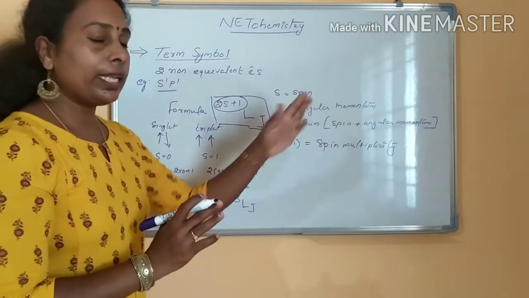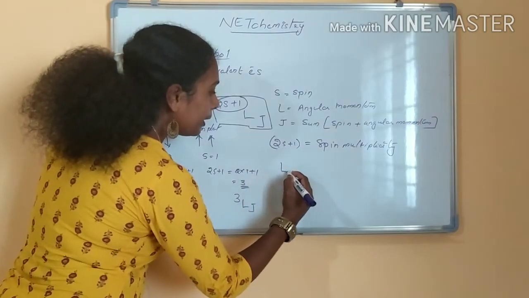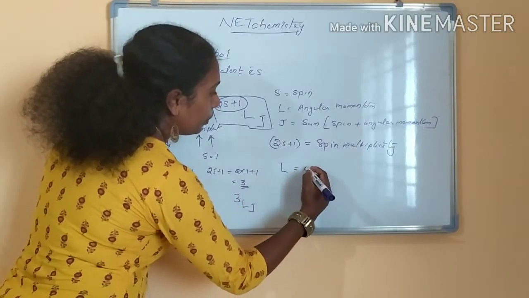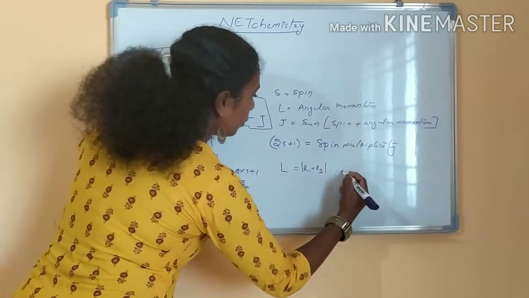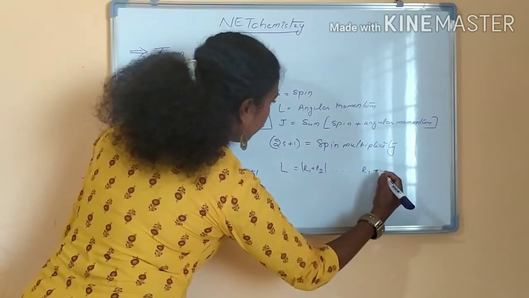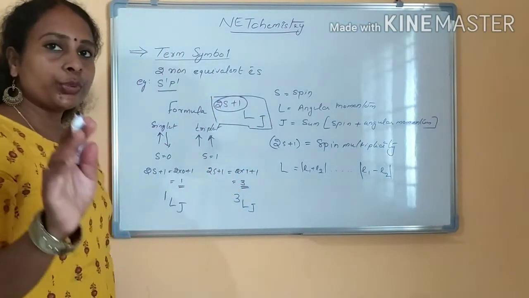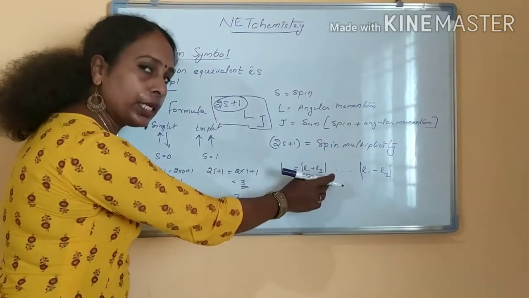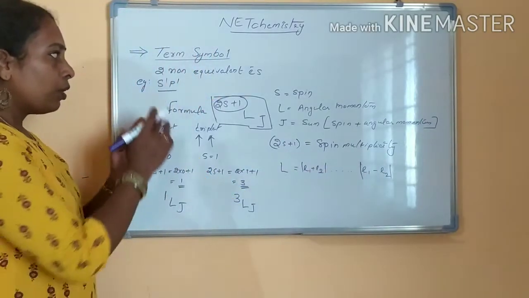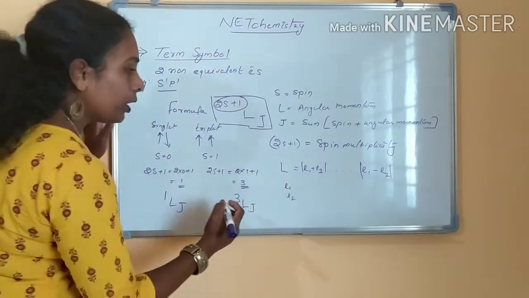So the next is, what is L? L is nothing but angular momentum. We will see how to calculate the capital L. Capital L is equal to L1 plus L2 to L1 minus L2, right? What is L1, L2?